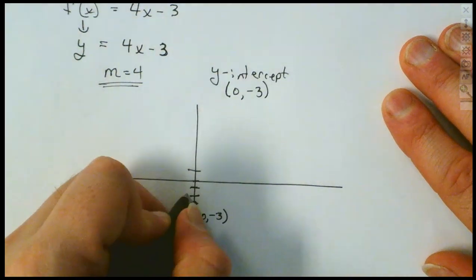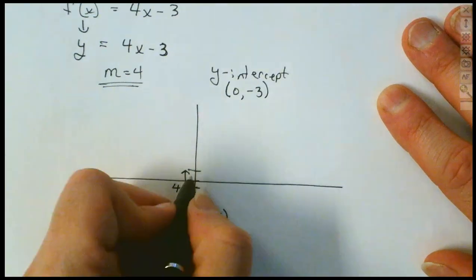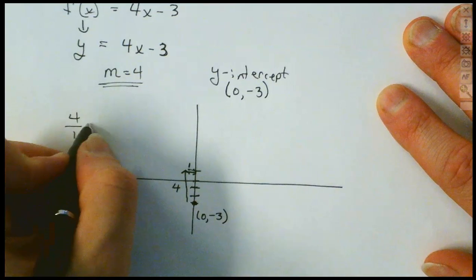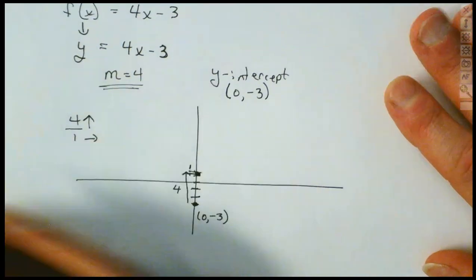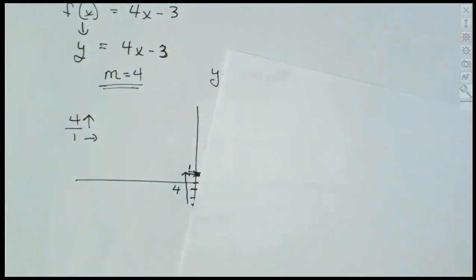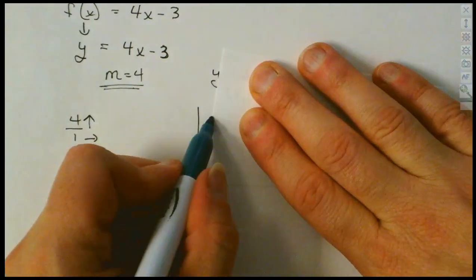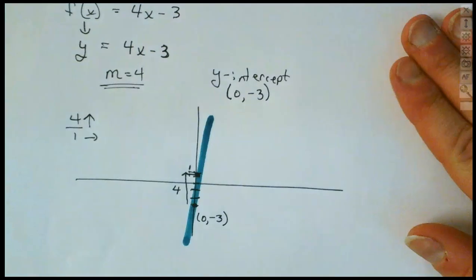All right, 4 units up and 1 unit over, because our slope is 4 over 1. So up 4 units over 1 unit. Make our dot, connect them together. So that's how we graph that.